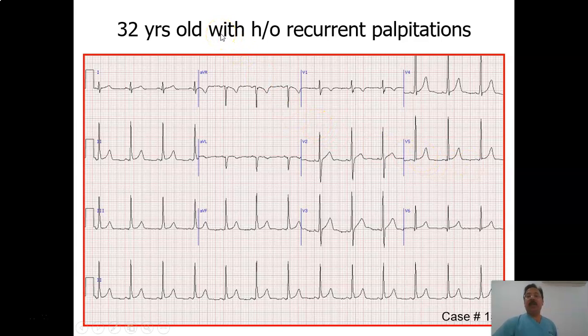Okay, this is case number 15, a 32-year-old with a history of recurrent palpitations. So look at this ECG. From a general look, it looks like a normal ECG, but let's apply our 7 steps approach. The rate looks normal, and rhythm, there is a P wave followed by the QRS complex throughout.